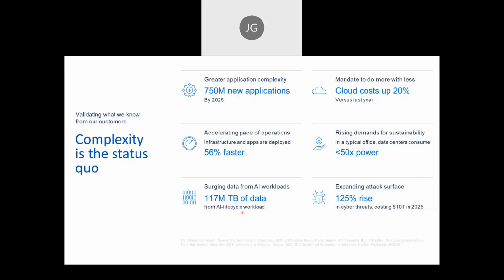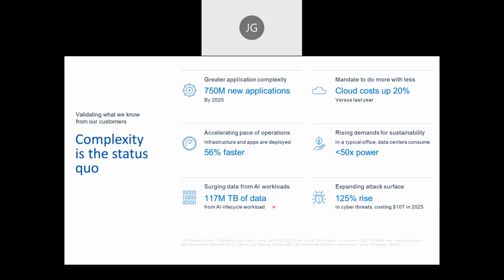But the big thing here is the AI workloads. This has clearly been on top of mind for a while. So with that being said, we're looking at 117 million terabytes of data that's going to be processed. We clearly need a newer network, compute, and storage solution. Another thing is, holy cow, attack surfaces are rising, a 125% rise.